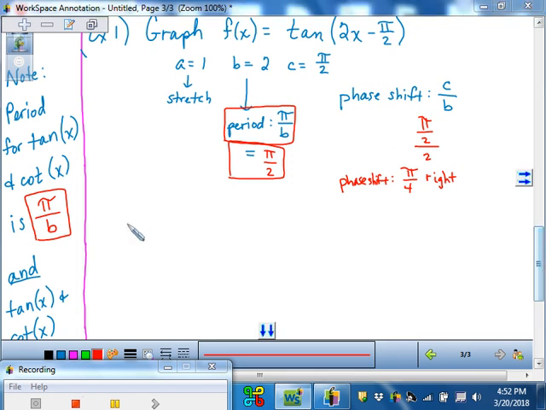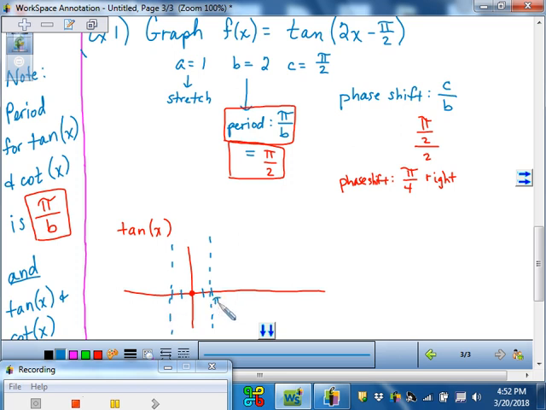Okay. Now if we look at the parent function of tangent, tangent of x, when we graph it, it starts at 0 normally, and then, as I mentioned before, it has asymptotes at pi over 2 and negative pi over 2, as was stated before in the previous section.